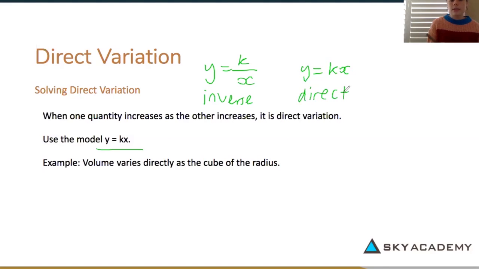Those are the differences between direct and inverse. You just have to know what the two are. If you get a question that says inversely, then you know to use this fraction, y equals k on x. And if you know a variable increases through direct variation, you know to use this one here.